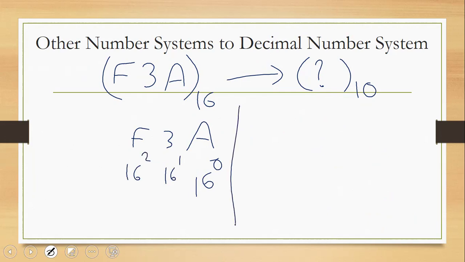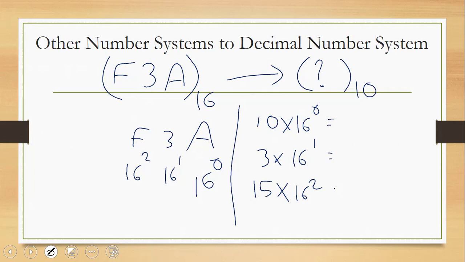Here A means in decimal it is 10. Then 3 into 16 power 1, and F is nothing but 15 into 16 power 2.